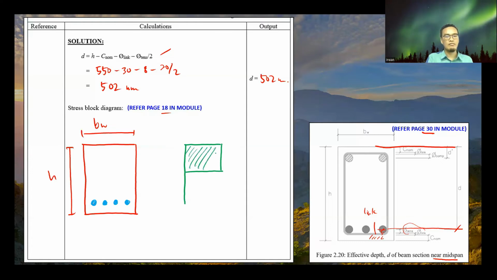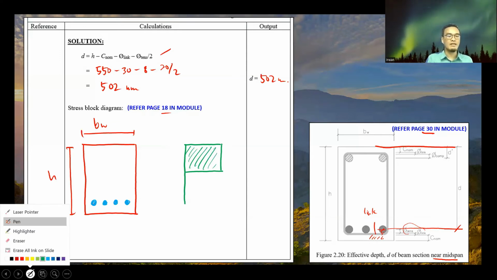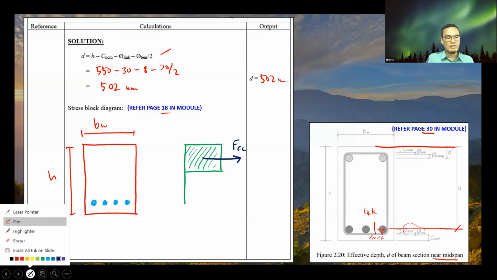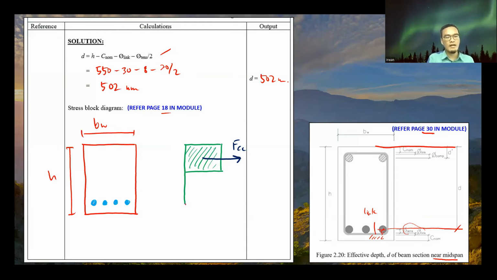Due to compression, I want to use a different color. This is your FCC, and then how about the other one at the bottom? It shall be FST.